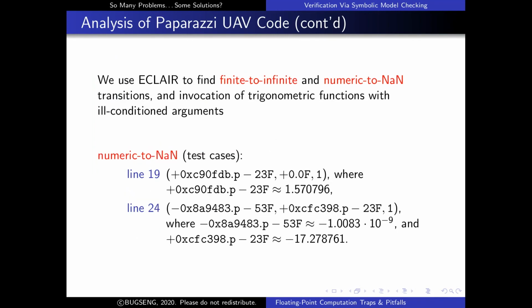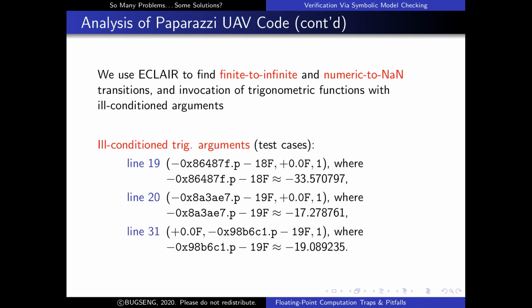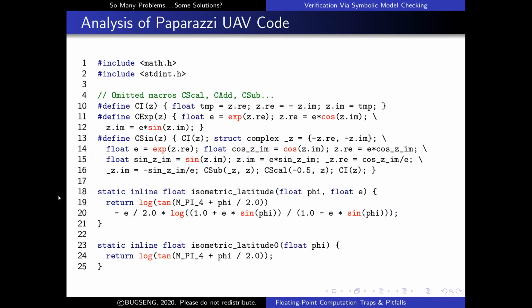The checker also found numeric to NaN transitions. One is the transition that I drew your attention to before. Still in line 19, there is a call to the logarithm function.